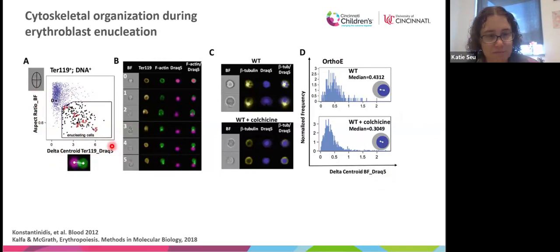And then once you have found that population, you can interrogate that specifically for the markers that you're looking for. In this case, they were looking at cytoskeletal organization during erythroblast enucleation.